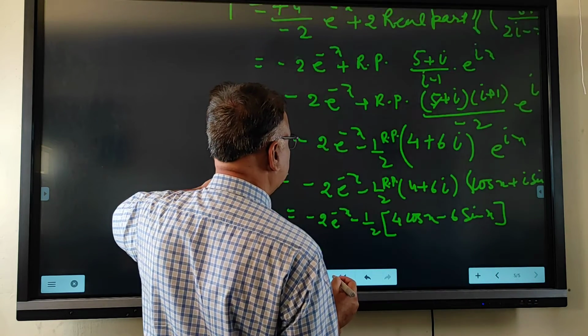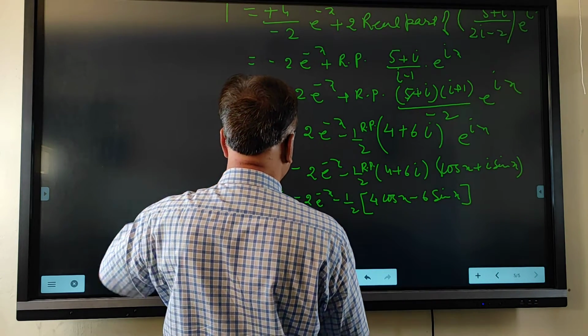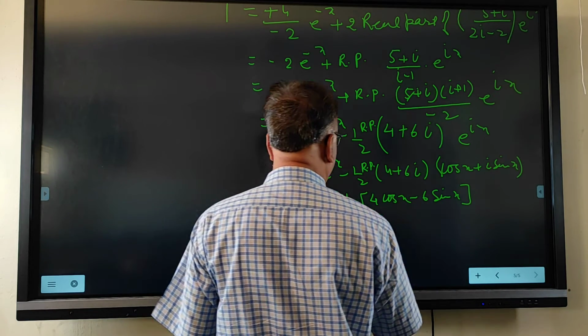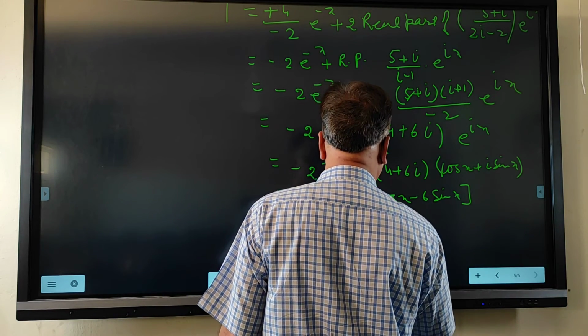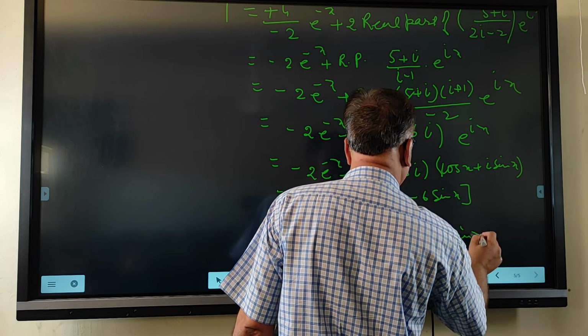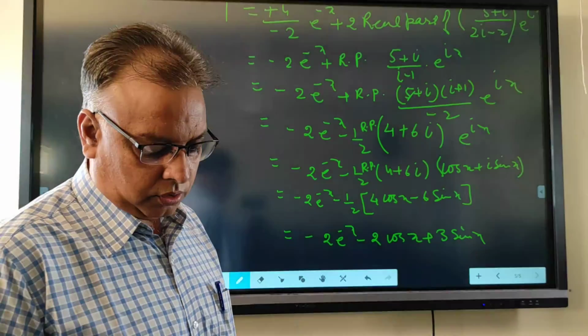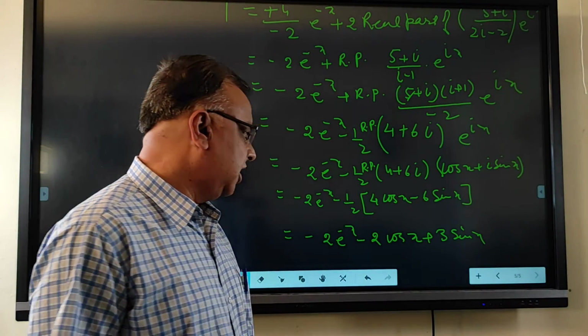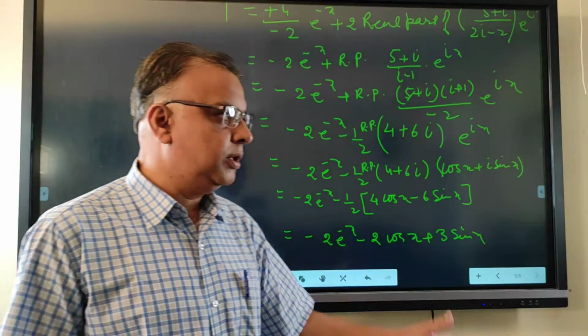So this is equal to 2e^(−x) minus 2 cos x plus 3 sin x, which is the required inverse Laplace transformation of the function by using the Heaviside expansion formula.